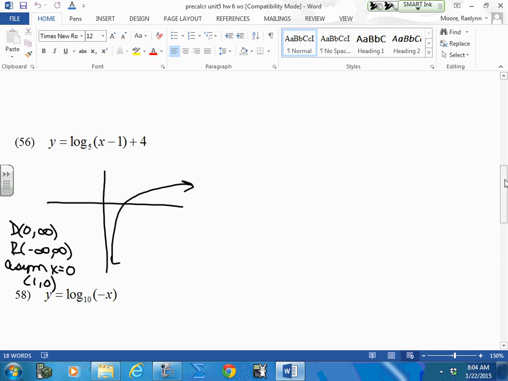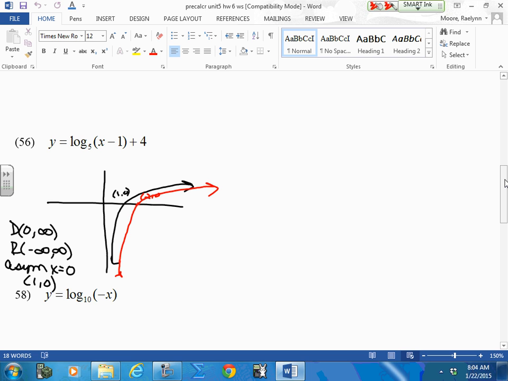All right. What's the first transformation we're going to do? Good. A horizontal shift right 1. So we're going to use this point. We're not going to use our calculators. And we're going to move this over 1 to the 2, 0. And just kind of make a sketch that goes like that.